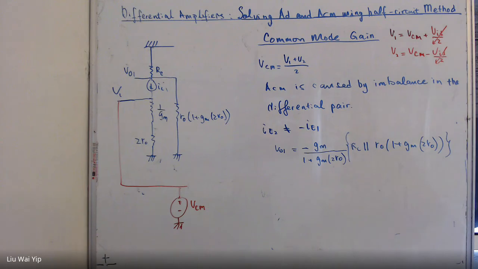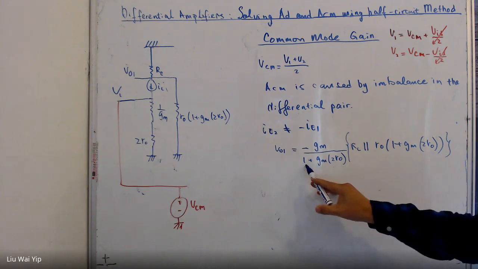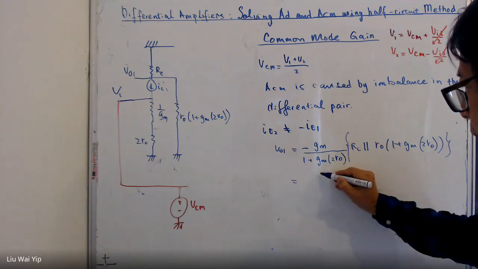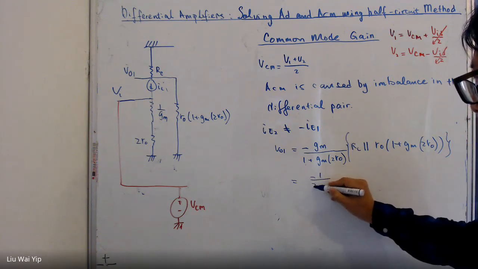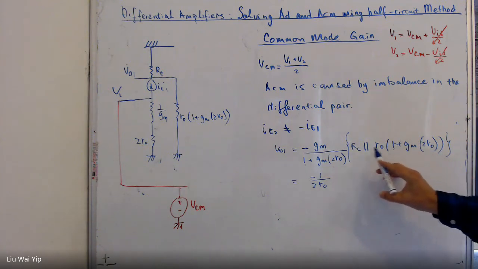And we can simplify the circuit. We know that this value is much bigger than this one, and we end up with 1 divided by 2 R0 here. And we know why this value is much bigger than this one.